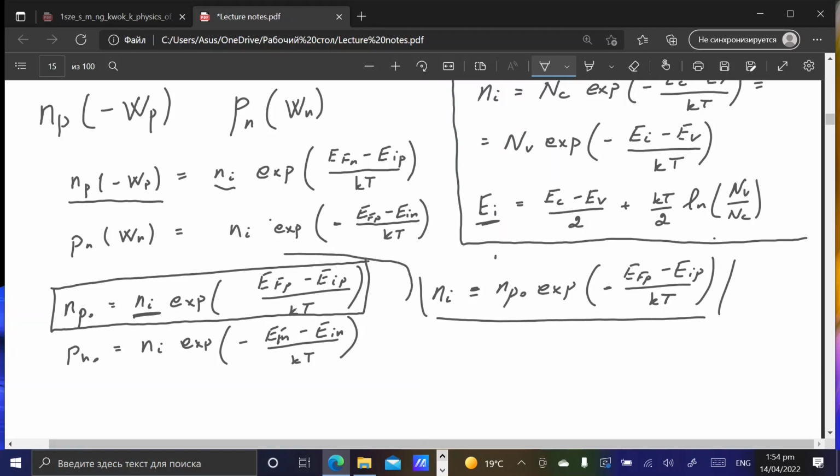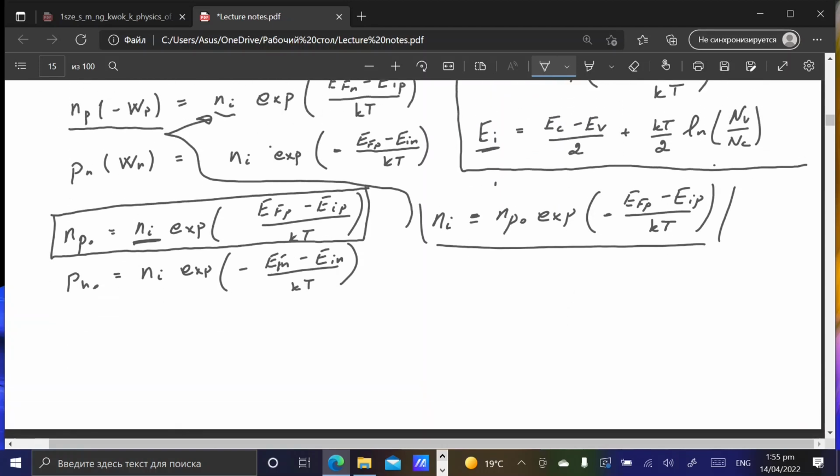So we substitute it like here. We will get n_p at this interface of the depletion region and neutral region in the p-type semiconductor.